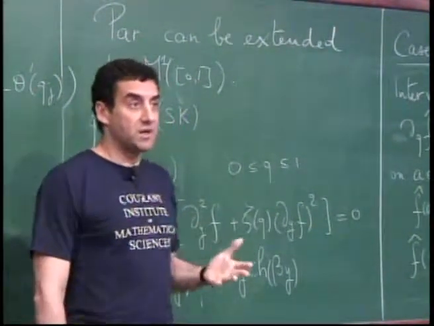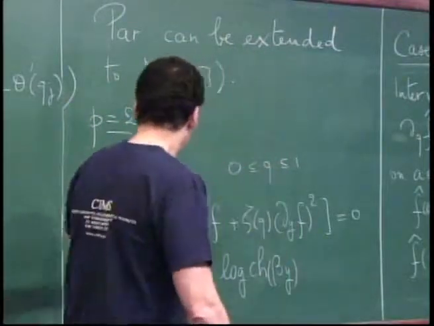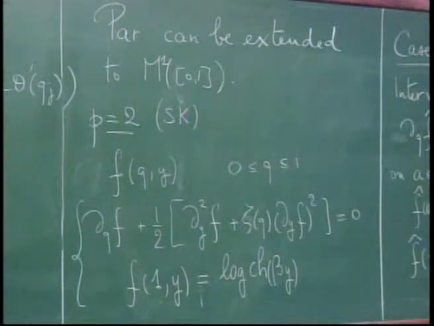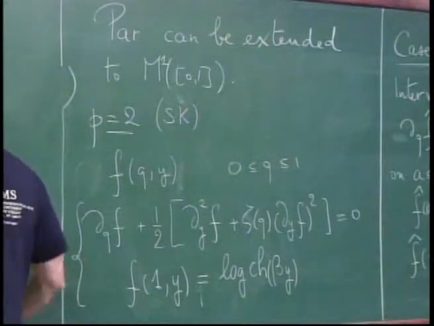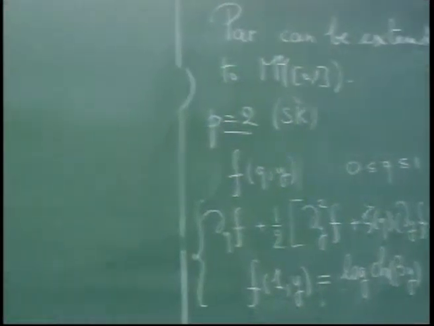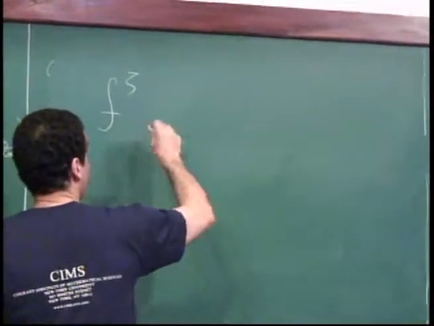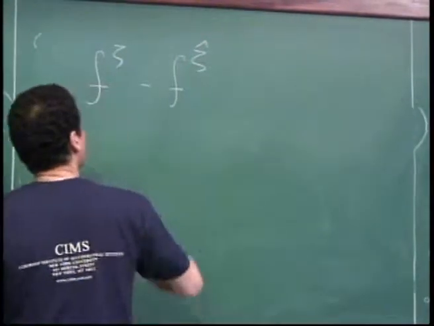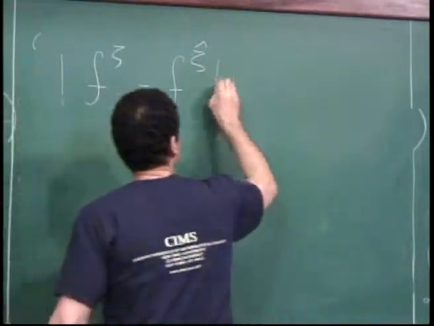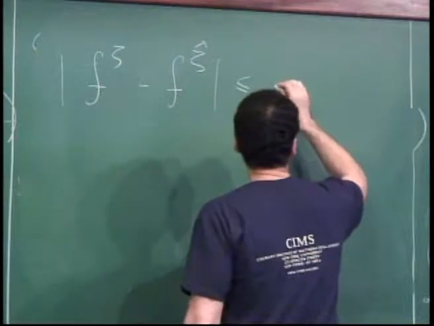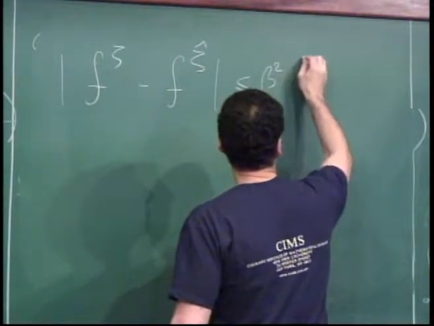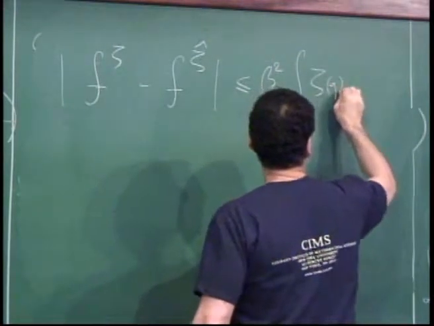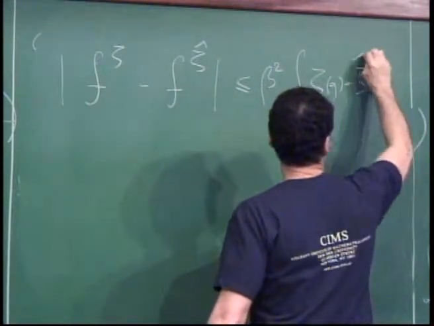And this is what Guerra does. What Guerra proves is that this f, seen as a function of zeta, minus f for another zeta, is bounded uniformly by a constant, which I think is beta squared times the L1 norm of zeta of q minus zeta of q dq.